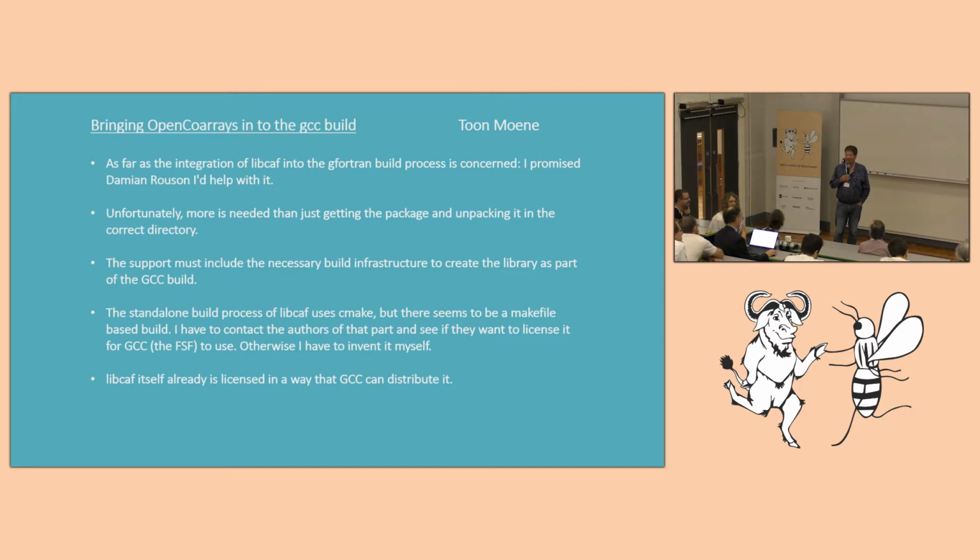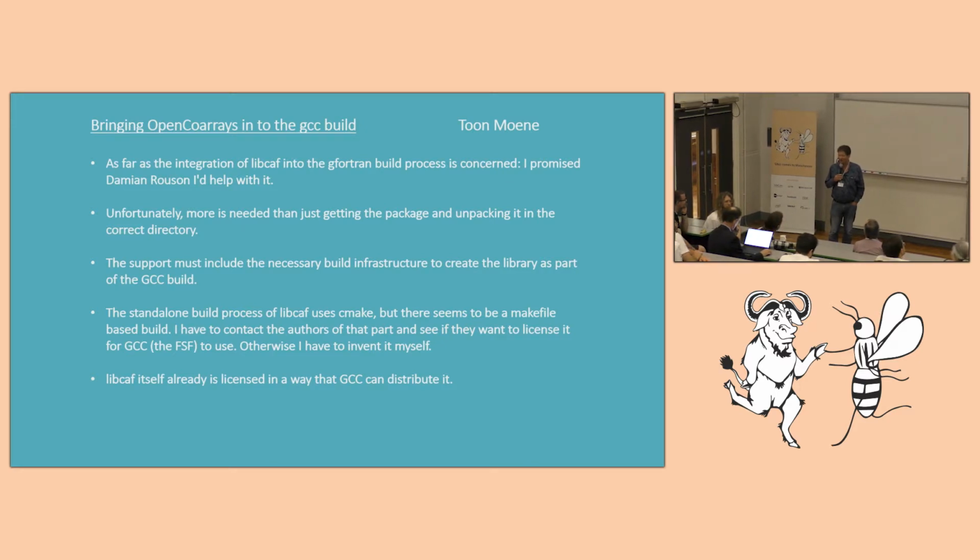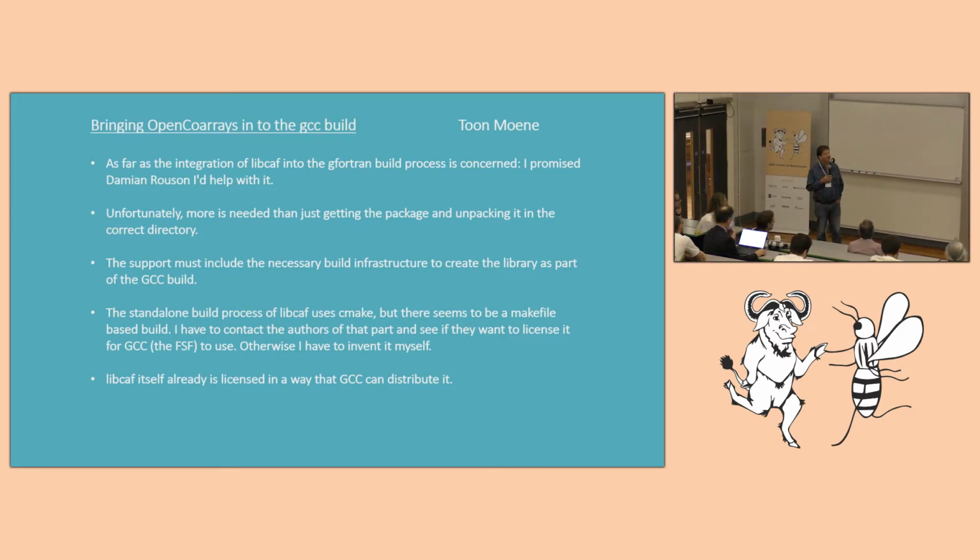So it seems that there is a makefile-based alternative, but I still have to find out whether it's current and how it would be possible to integrate that in the current build setup of GCC, which makes it look like another prerequisite like GMP.